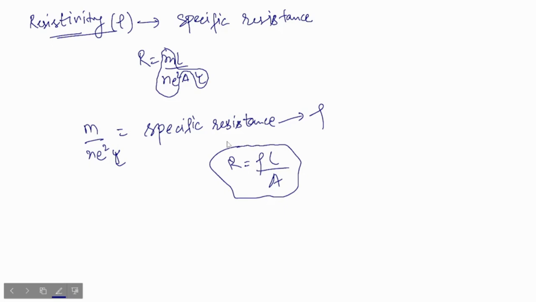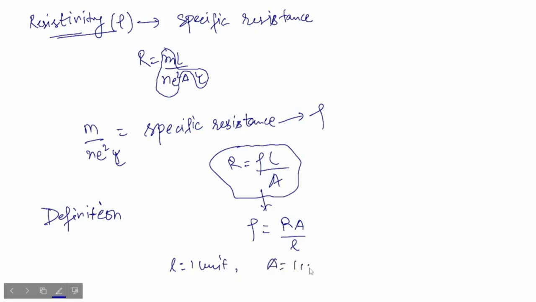Now coming to the definition of resistivity. If you rearrange this, it will be rho equals R into A upon L. ठीक है? क्या होगा कि if L is equal to 1 unit, और A भी 1 unit है, और रेजिस्टेंस क्या हो जाएगा, तब R is equal to rho.